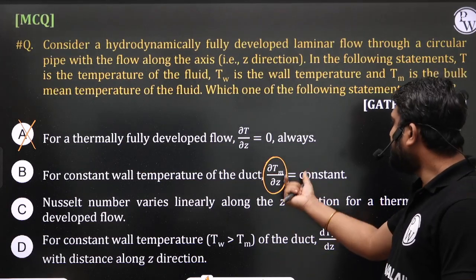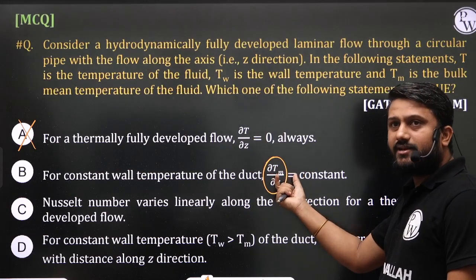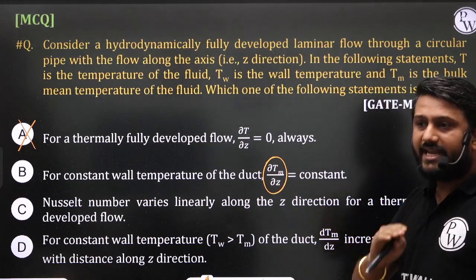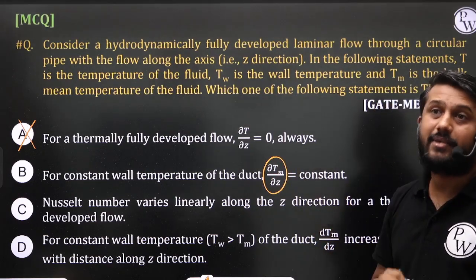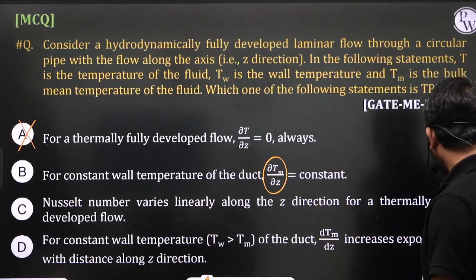Del Tm by del Z is the slope of Tm variation with respect to Z. So if del Tm by del Z is constant, that means Tm variation with Z is linear, but actually the Tm variation with Z is exponential.